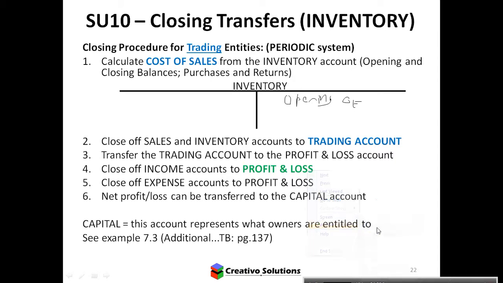On the credit side. If your income is greater than your expenses, you'll carry down a profit. Does that make sense? Closing stock on that side will be fine because then you'd bring down the balance, like what you had here.